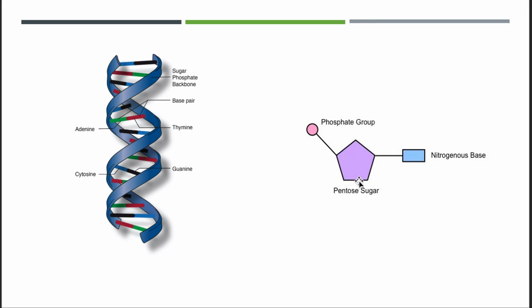When a pentose sugar is attached to a nitrogen base, it is called a nucleoside. When a phosphate group attaches to a nucleoside, it is collectively called a nucleotide. So many such nucleotides, in case of DNA called deoxyribonucleotides, make up the polynucleotide strand.